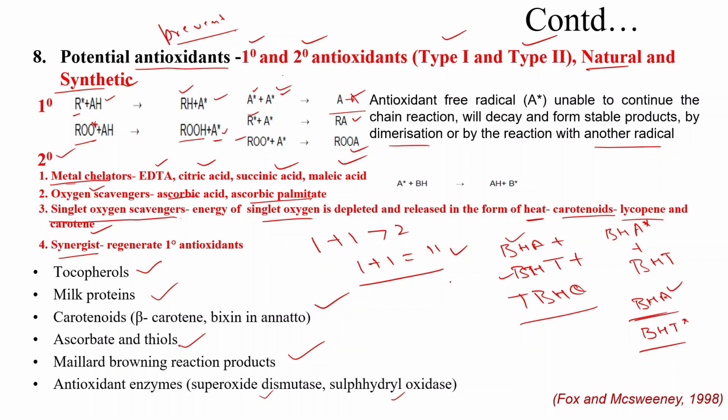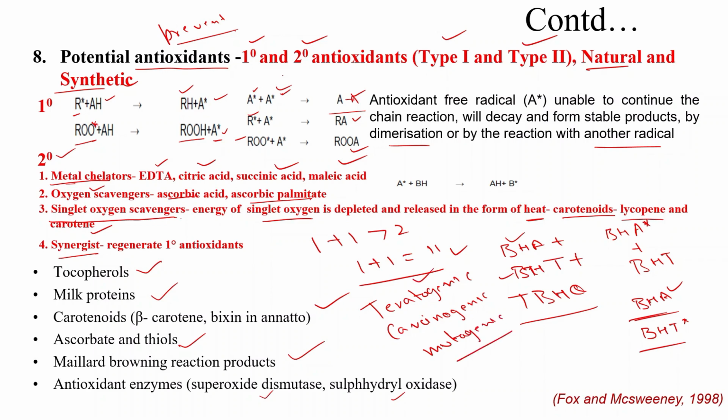Synthetic antioxidants are those antioxidants which are made chemically in the lab. Examples are BHA, butylated hydroxyanisole, butylated hydroxytoluene, and tertiary butyl hydroquinone, TBHQ. Okay, these are the synthetic antioxidants, and the trend is towards the use of natural antioxidants because synthetic antioxidants are teratogenic, carcinogenic, mutagenic.